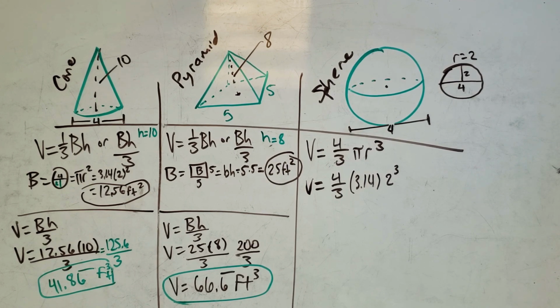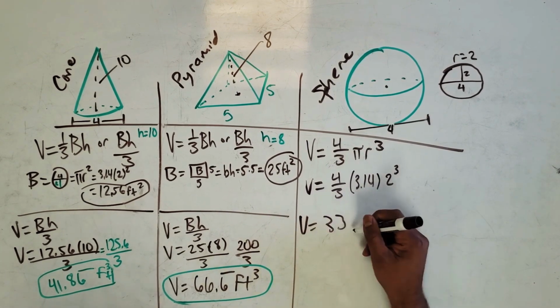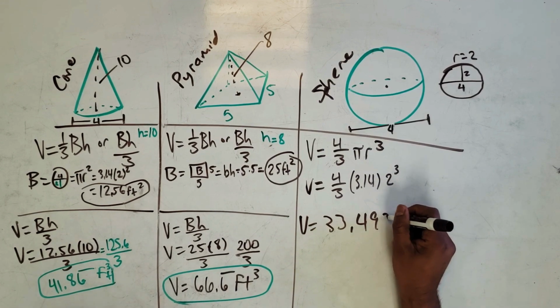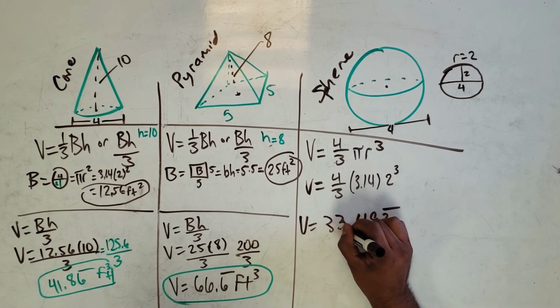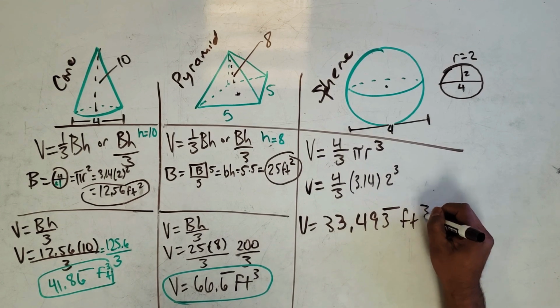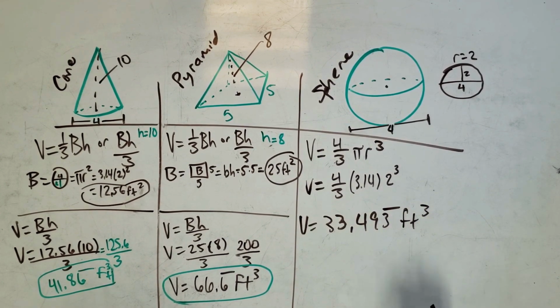So once you multiply all this up, you're going to get volume is 33.49, 3 repeating. And this is going to be again in feet cubed. Volume is always in feet cubed because you're trying to fill it with cubes.